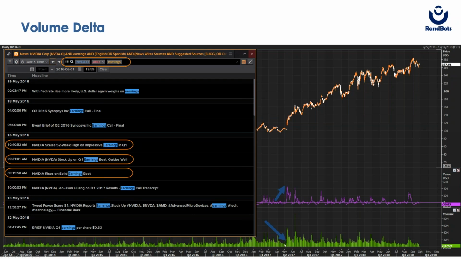The volume was decreasing here, and then it reported earnings. This is the volume delta, or volume difference, I think the indicator is called.